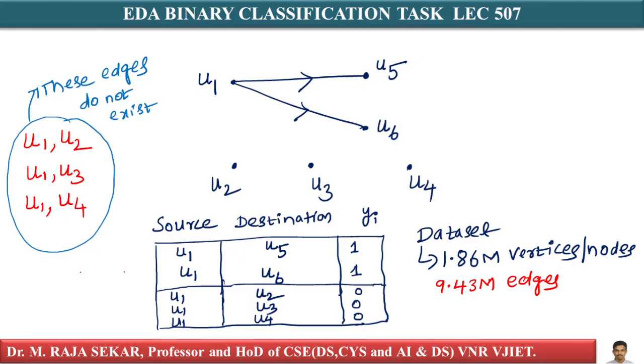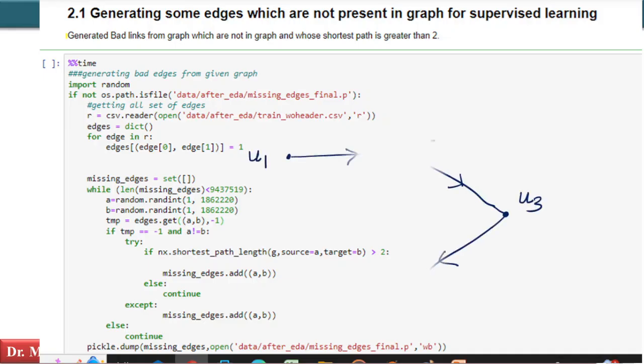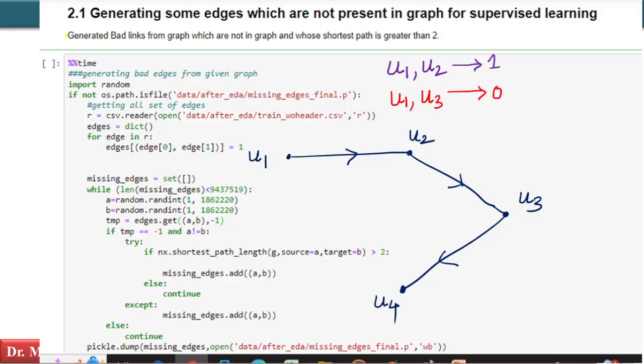Suppose I have vertices like this: u1, u2, u3 and u4. One thing you can notice is, in my data set I have u1, u2 with class label 1, u1, u3 with class label 0, because there is no edge between u1 and u3 in the original graph.